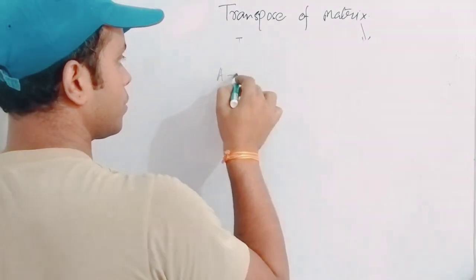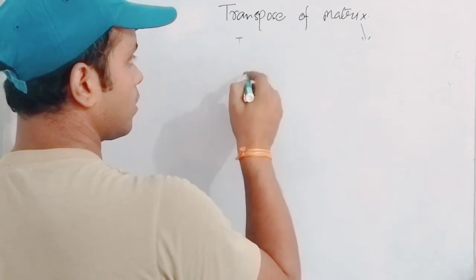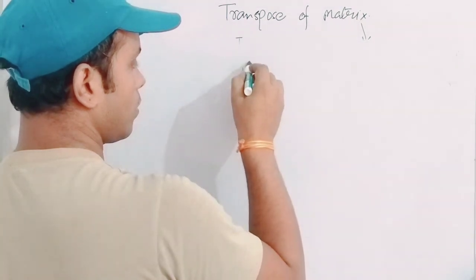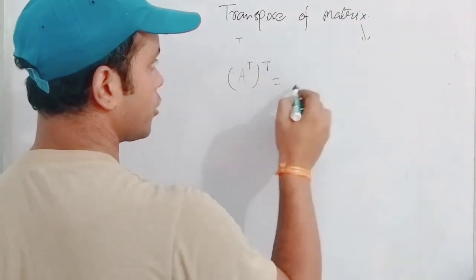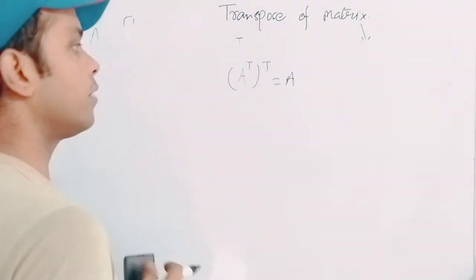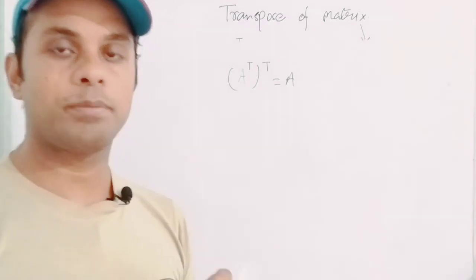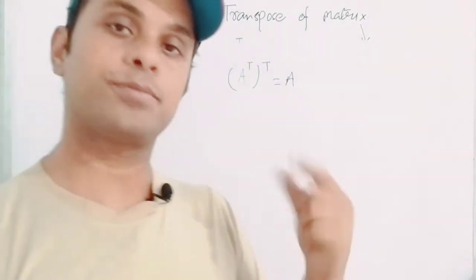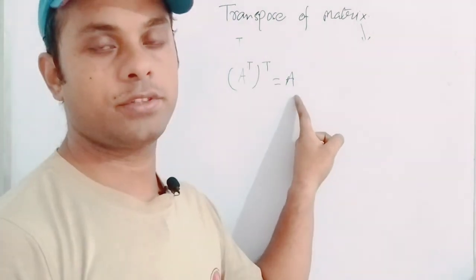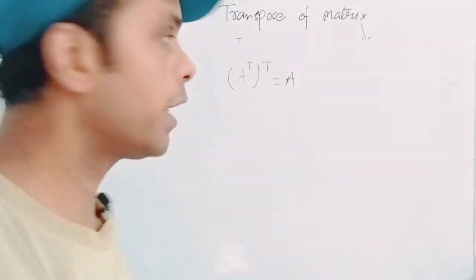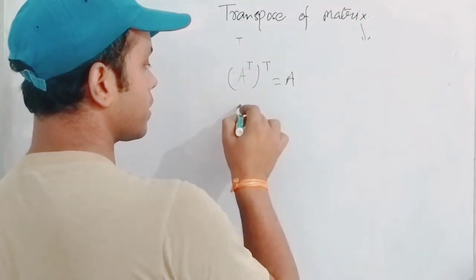Properties of transpose. A, what is the transpose of A transpose? It is itself A. If you obtain the transpose of a transpose matrix, then you always obtain the original matrix. Okay. Now, what is next?